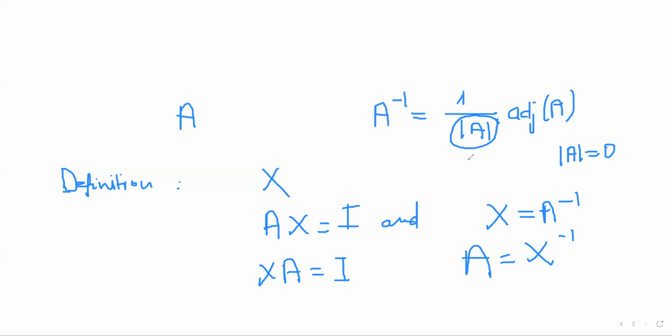So if the determinant of a square matrix is equal to 0, its inverse cannot be found, and we call it a singular matrix. We are going to talk about non-singular, invertible matrices. So in order to have the matrix inverse, the determinant of A must not be 0.